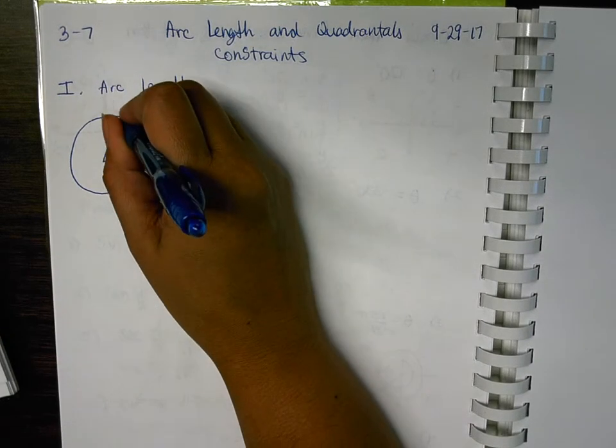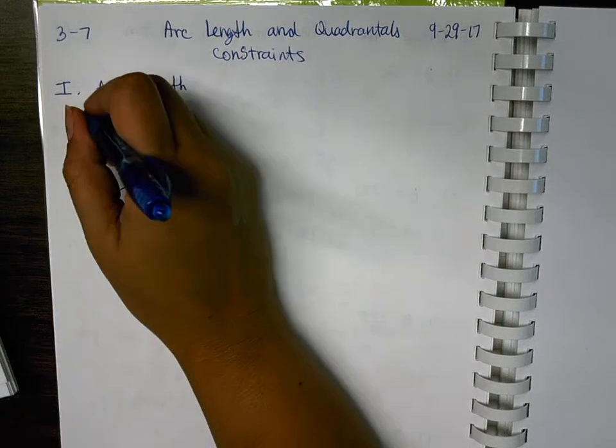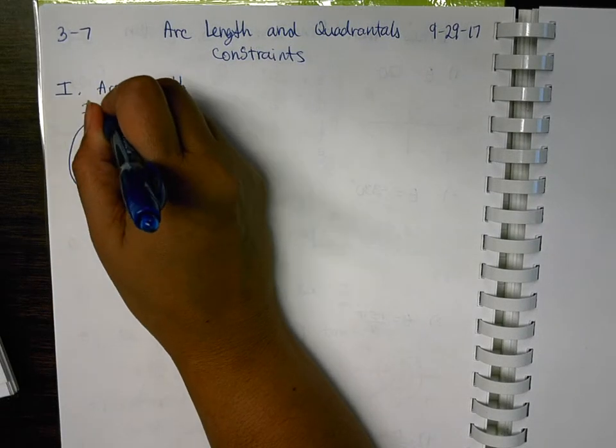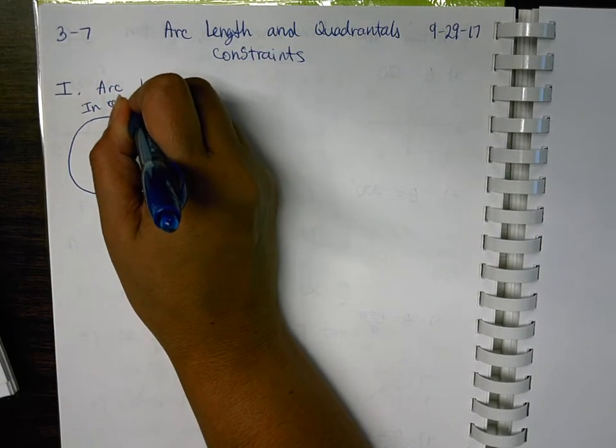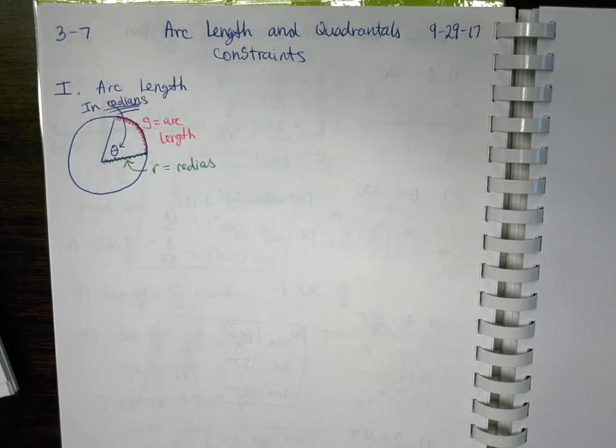The angle measure. Now I will tell you this, that theta is always in radians, and yes, it's important that you know that. Theta is always in radians. So if it's not in radians and you're asked to calculate, what do you have to do first to your angle? Change it. Convert from degrees to radians. All right.